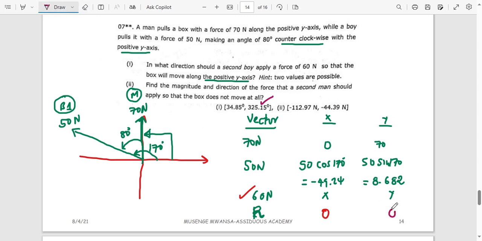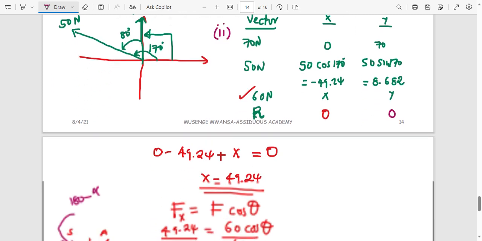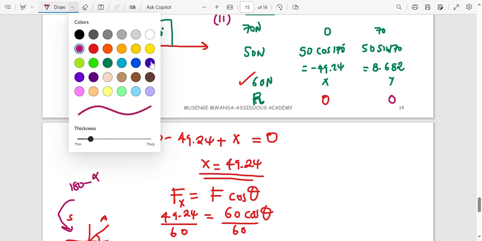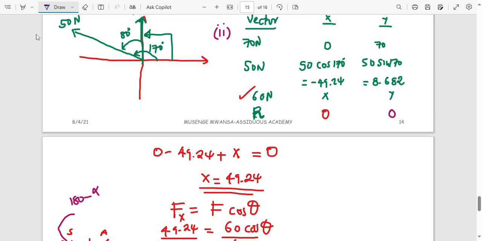That's the meaning of part 2 of the question, because it should not move. To find that, the x component will be the same x component that we found earlier on, which is 49.24. It will be the same because we had equated it to 0. But the y component now, we should be able to equate also to 0.